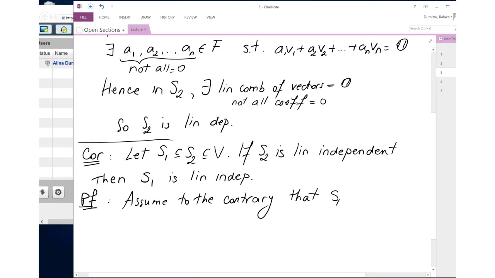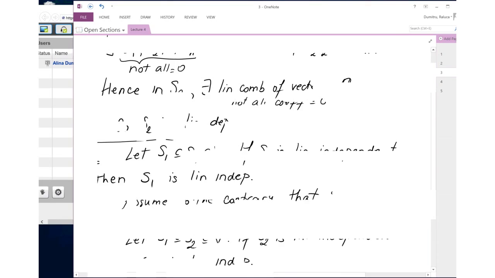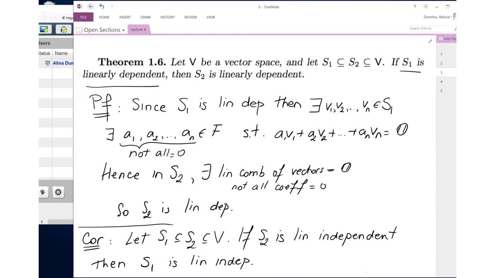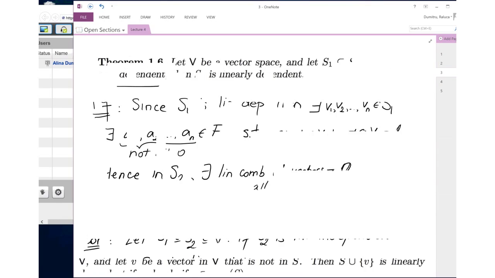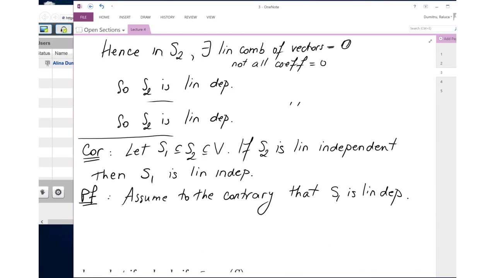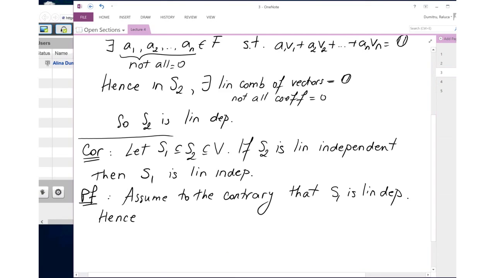so that S is linearly dependent. So the smaller set is dependent. The theorem above, what does it say? The small set is dependent, and the big set is too. Using that, the big set has to be linearly dependent.